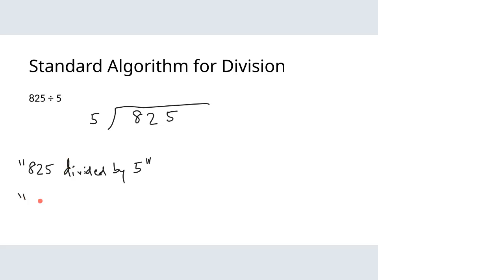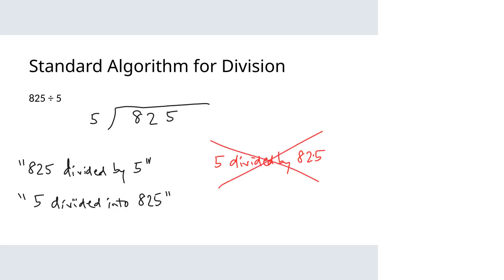Or we could say 5 divided into 825. What we wouldn't say is that this is 5 divided by 825. That would be wrong here. So this isn't 5 divided by 825. This is 825 divided by 5.